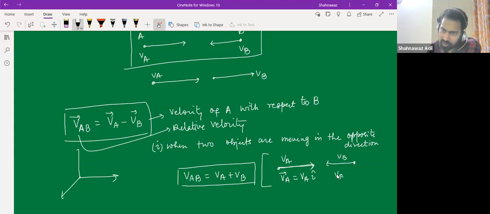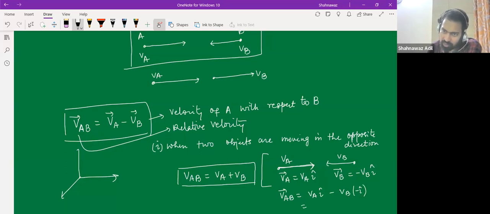And what is V_B vector? Minus i cap. So minus V_B i cap. Right. And if I calculate V_AB, so this would be how much? V_A i minus of V_B of minus i. So this would be how much?